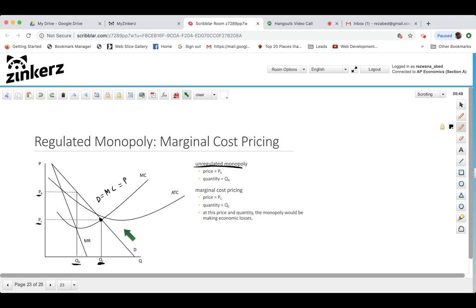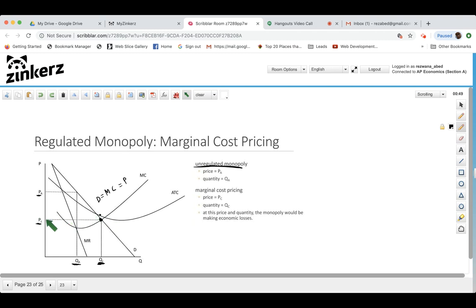Do you guys see that? Yes. So at QC, this is the level of price. I know with this graph it's not very visible, but you can see there's a little bit of a gap where the average total cost of producing QC would be somewhere over here. So even if it's a little bit, they'll be making a loss.